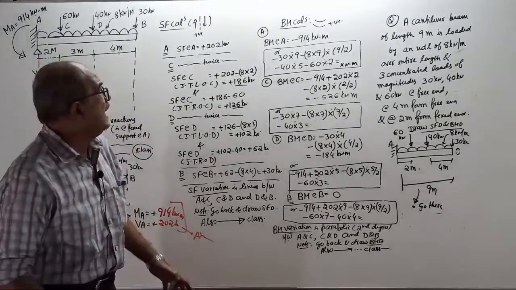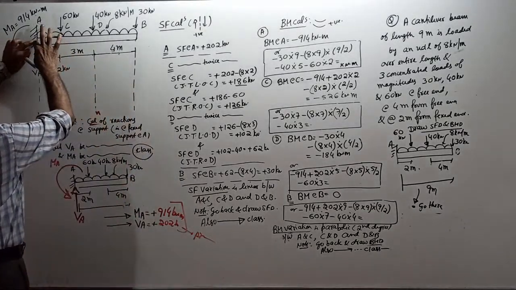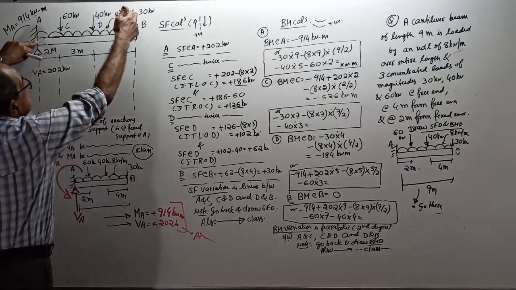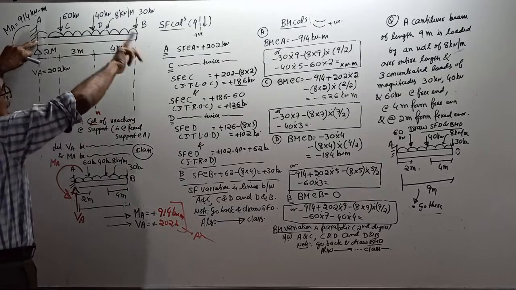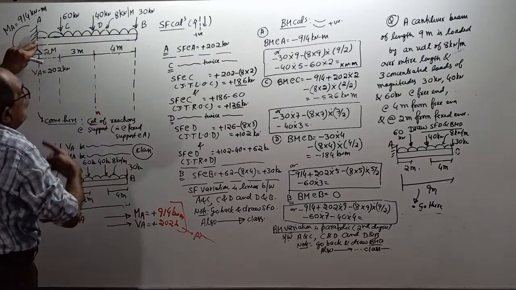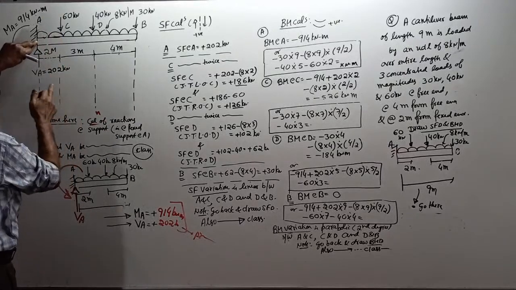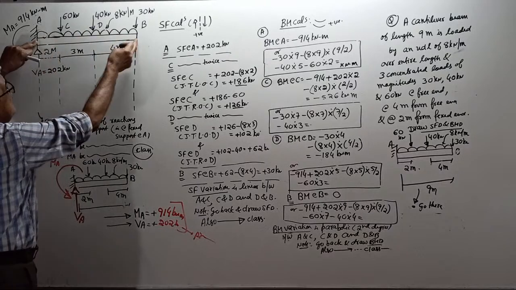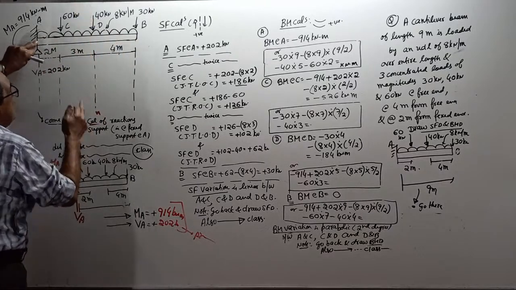Now, anyway, this question. Take moment about A. Clockwise positive: 30 into 9, 40 into 5, 60 into 2, and 8 into 9, the total load, into 9 by 2.